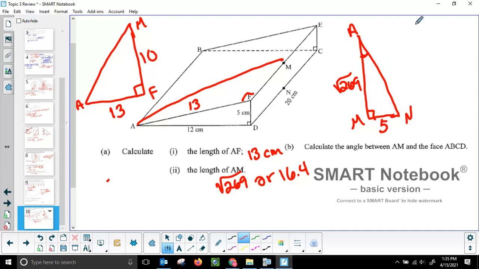And we can just use SOHCAHTOA since this is a right triangle. Here this is opposite, this is adjacent, so we're using tangent. So the tangent of angle A is equal to the opposite, which is 5, over the adjacent, which is root 269. So we take the inverse tangent of that to get A.